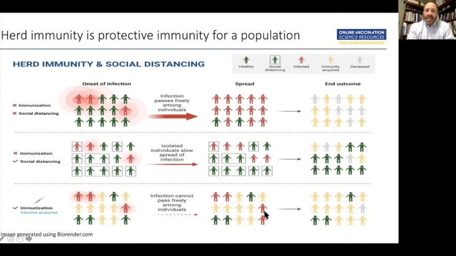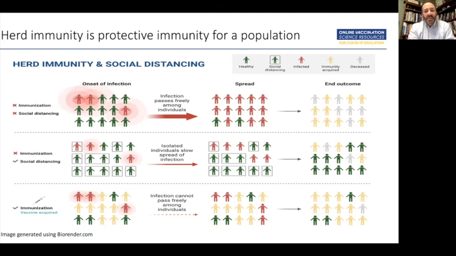Notice here that not every single person is shown in yellow at the beginning. And this is what we mean by herd immunity, that we do not need to have every single person in a population vaccinated and have immunity acquired prior to the presence of the pathogen in the population.